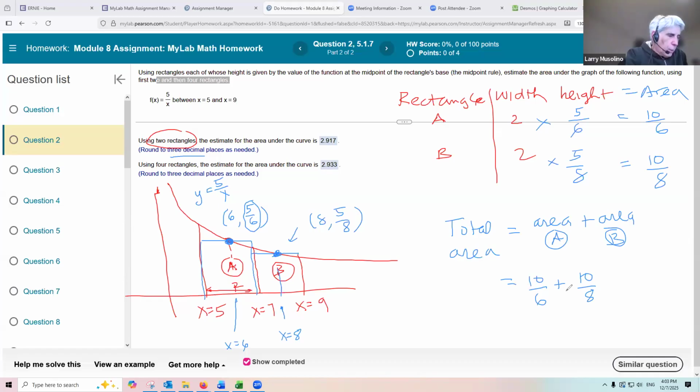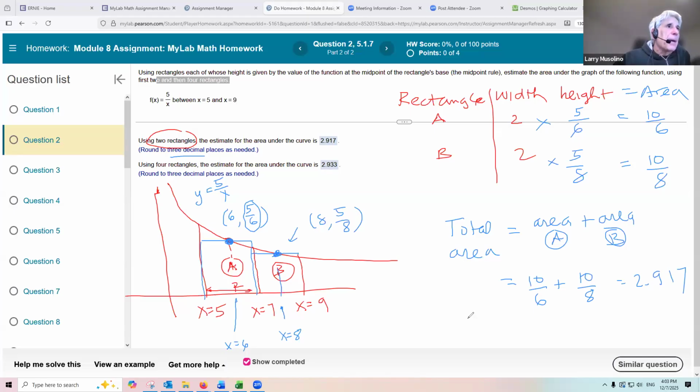Because they want us to go with 3 decimal places, I'm just going to do this directly on my calculator. And if I do that, I'm ending up with 2.917. Okay, so this was an example where they want us to use the midpoint to come up with the estimate.